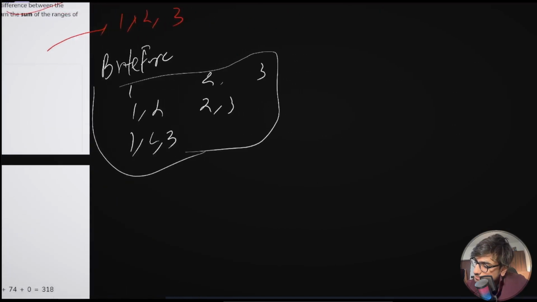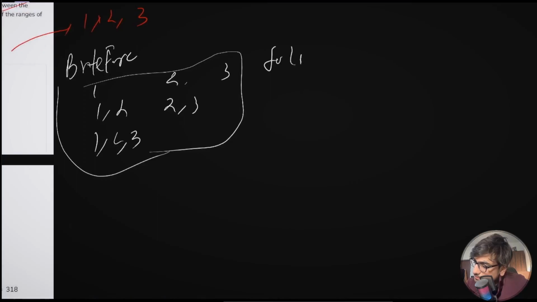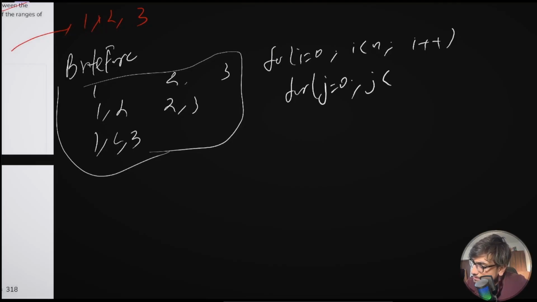The brute force approach would look like this: I go from i equals 0 till i less than n, i plus plus. Then I start a loop with j equals i, j less than n, j plus plus. I declare two more variables, min and max, to track the minimum and maximum. I declare min with plus infinity and max with minus infinity.